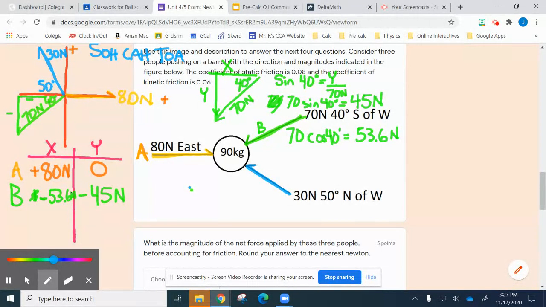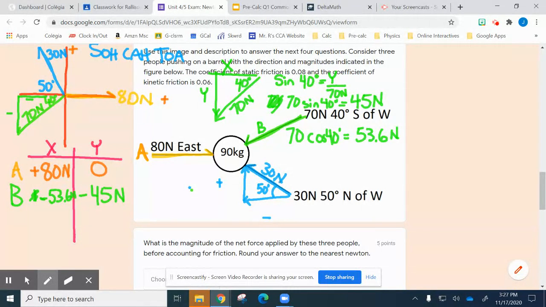So now we've got the third vector here, which is this one right here, and we have to figure out the x and the y. Notice that on this one, the y is going to be positive and the x is going to be negative. We know this angle is 50 degrees, and we know the hypotenuse, because that's the force we're trying to figure out, that's 30 newtons.